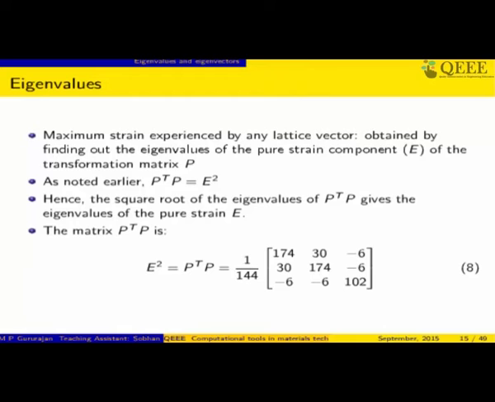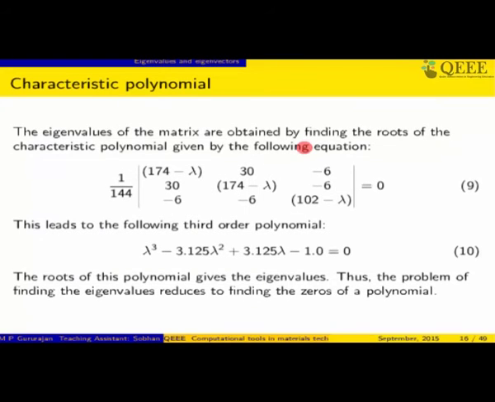So how do we do that? Here is how we do this. To get the eigenvalues, we have to solve what is known as the characteristic polynomial. How is the characteristic polynomial obtained? If A is your matrix, we take A minus lambda I and take the determinant of this A minus lambda I. So this is the matrix.